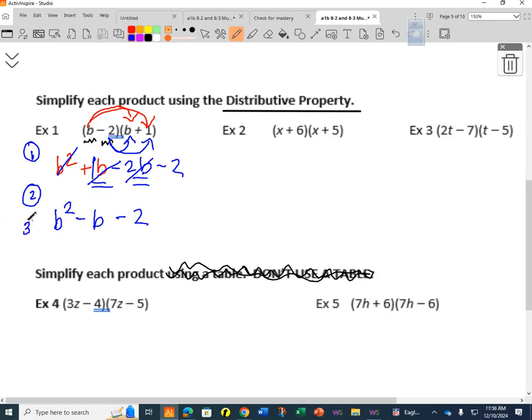Step 3. We're going to write it in standard form, or check to see if it may already be in standard form. What's the degree on this b squared term? What's the degree on that term, Jeremiah? Yes, the exponent on the variable is 2, so the degree of that one is 2. What's the degree of the negative b, Kendall?